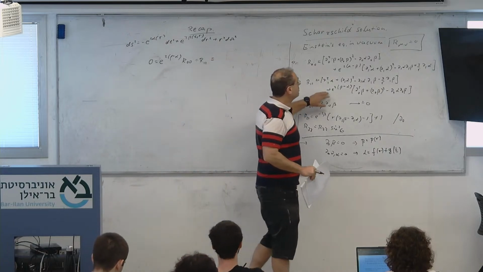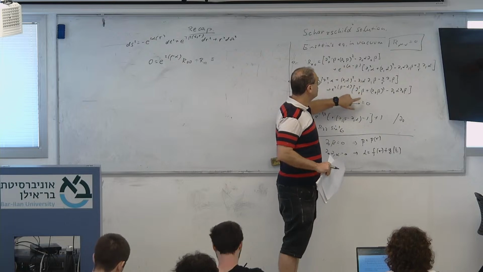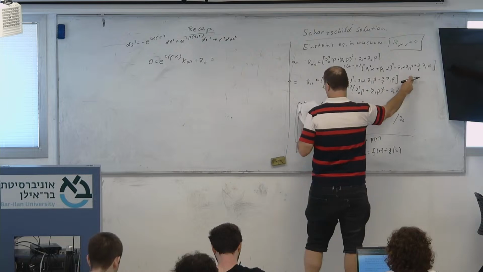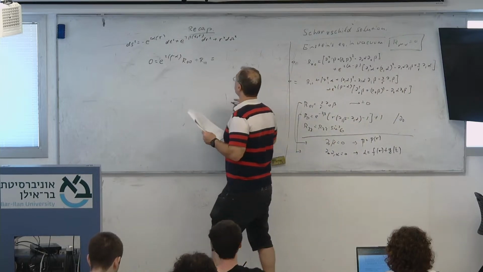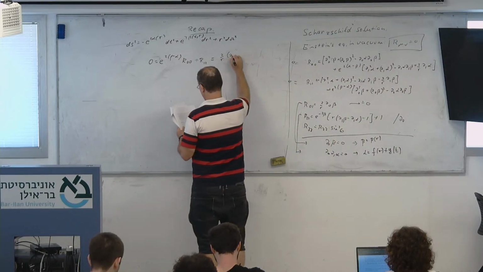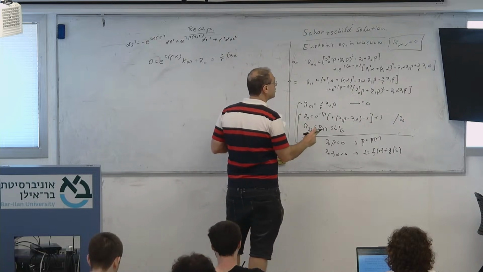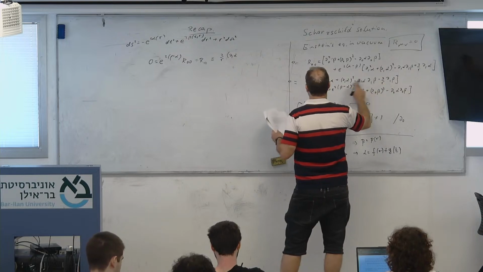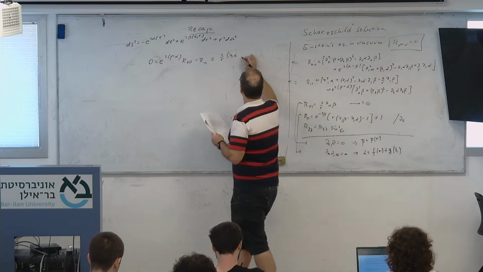When you plug it in, you'll see that mostly they cancel out. The only thing that does not cancel is this one, 2 over r, d1 alpha, there is a minus here, so that's okay, plus d1 beta.